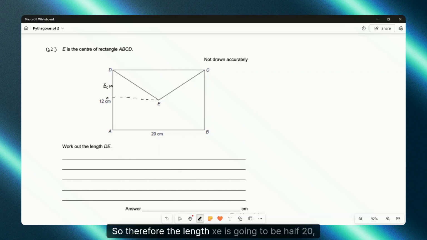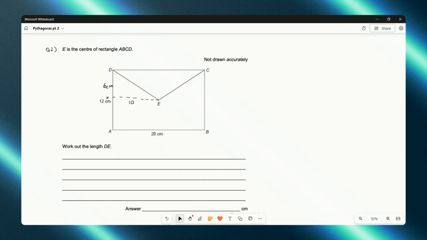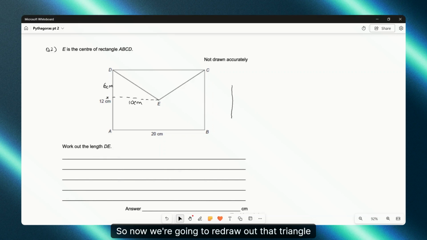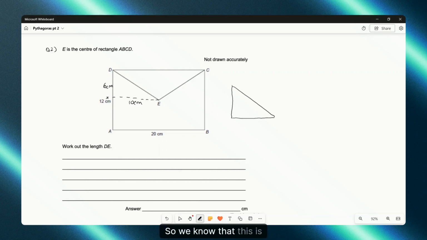So therefore, the length XE is going to be half of 20, which is 10 centimeters. So now we're going to redraw out that triangle as follows. So we know that this is 10 centimeters, this is 6, and this is our unknown.